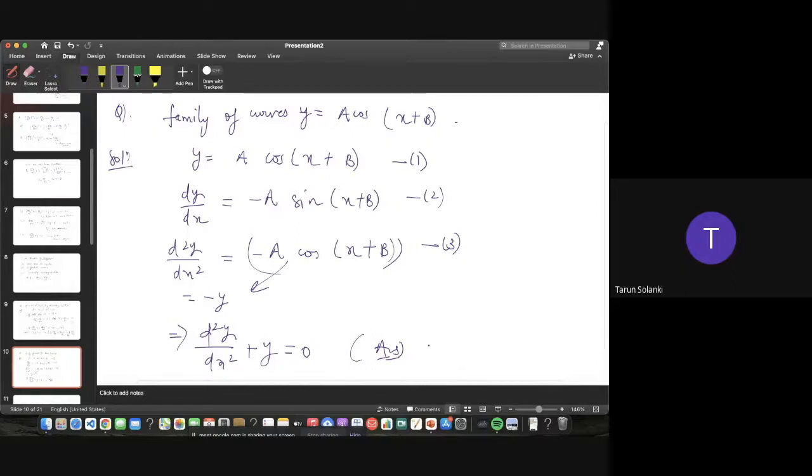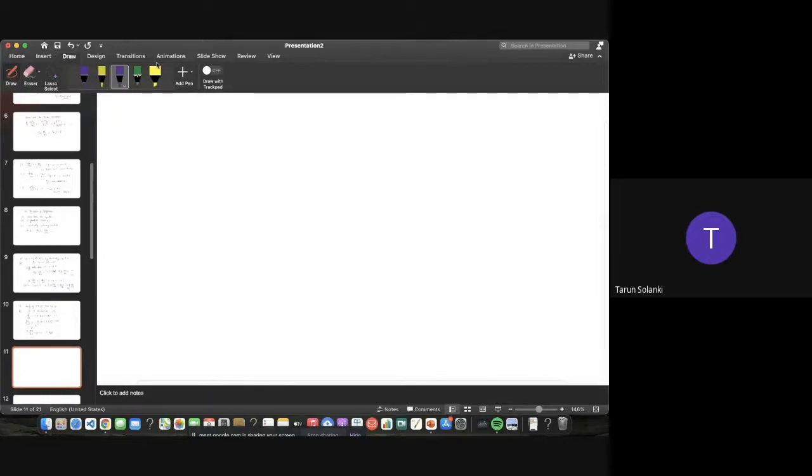Okay. So taking the last question for today's lecture. The differential equation for y equals a cos(alpha x) plus b sin(alpha x), where a and b are arbitrary constants.